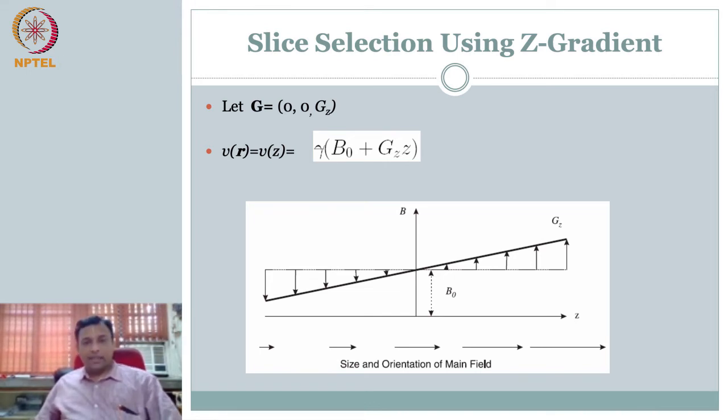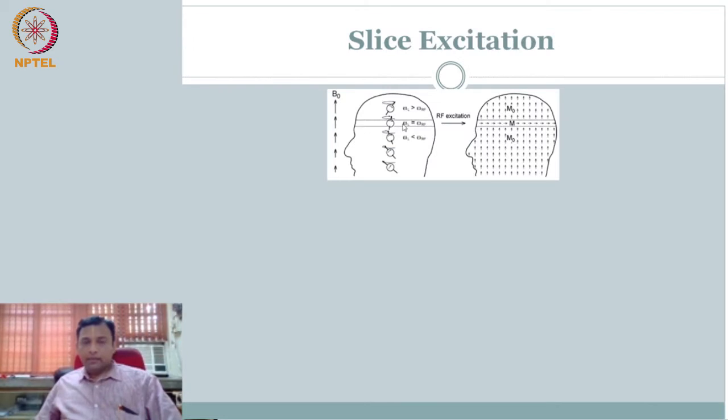So now you understand, if I have different frequencies because I have different field strengths, when I apply RF excitation at a particular frequency, wherever that frequency matches, only that slice, that location, will start to respond.